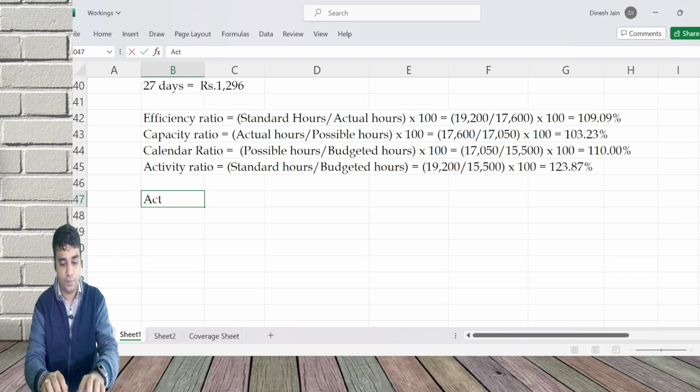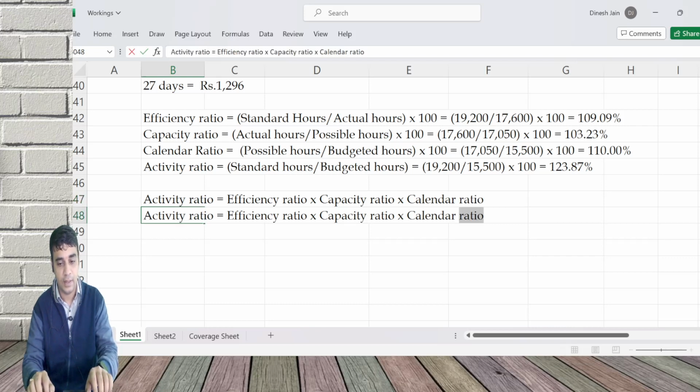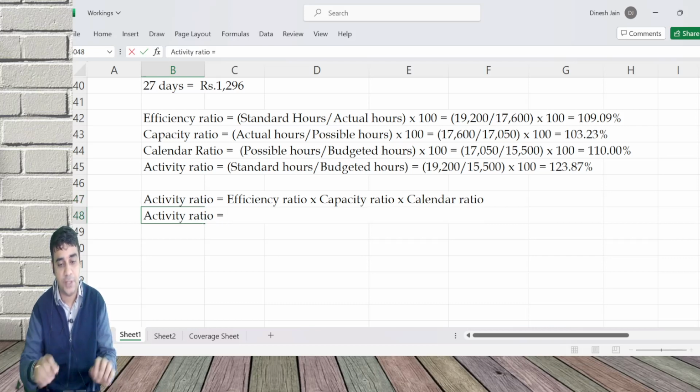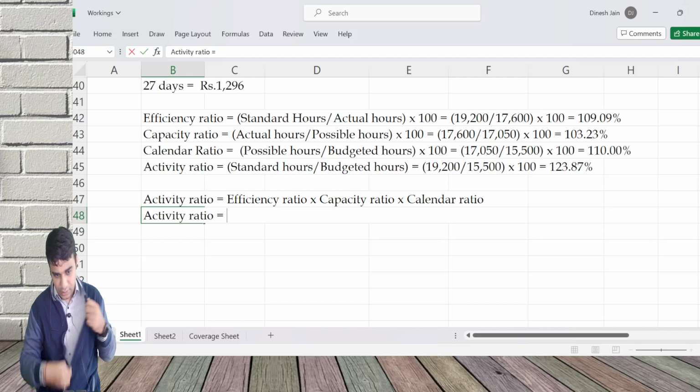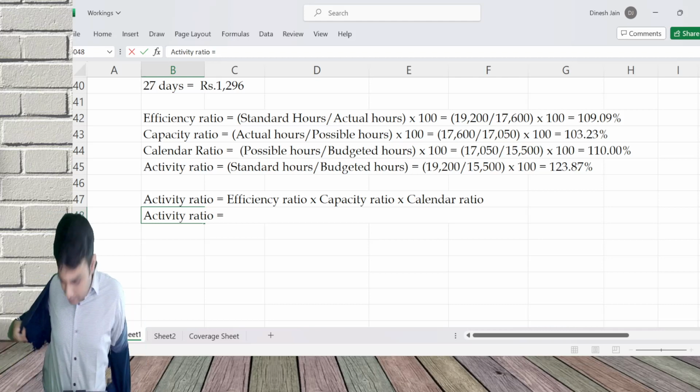Activity ratio is equal to efficiency ratio into capacity ratio into calendar ratio. Multiply the three: 109.09% into 103.23% into 110%.